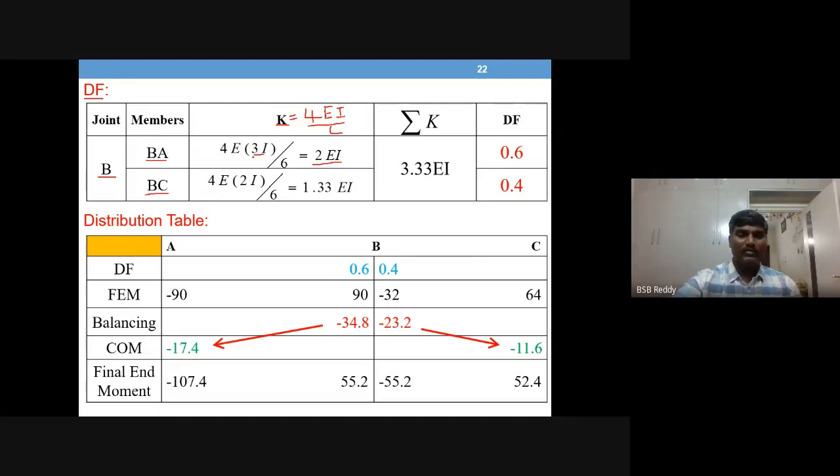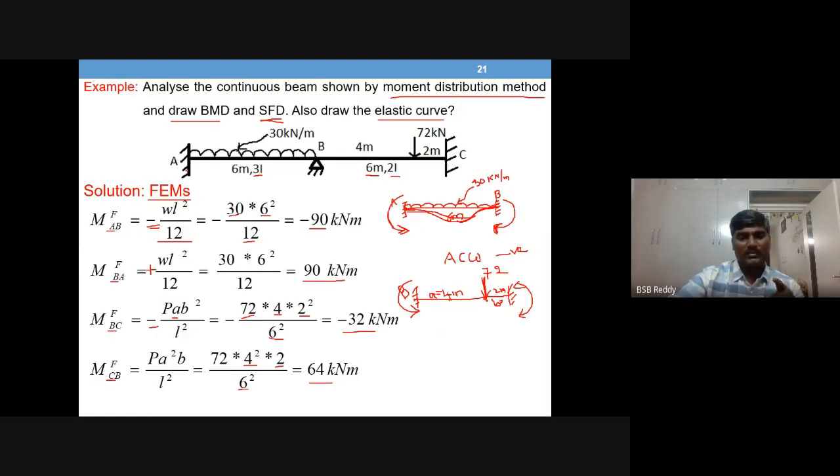The reason why I am using 4EI by L is because B is the near end. Whatever you write, the first letter is the near end and the second letter is the far end.